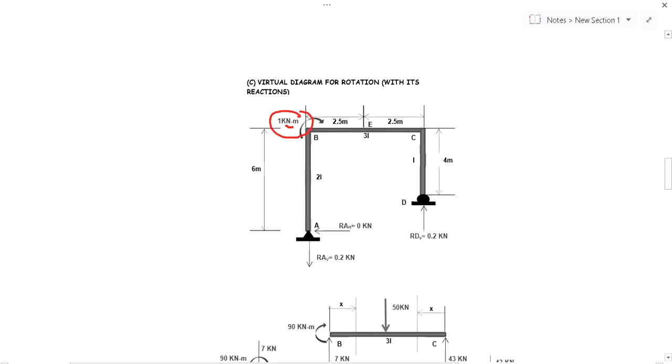Using the equilibrium equations, RAH is 0, RAV is 0.2 downward, and RDV is 0.2. You also have to check if my calculation here is correct.